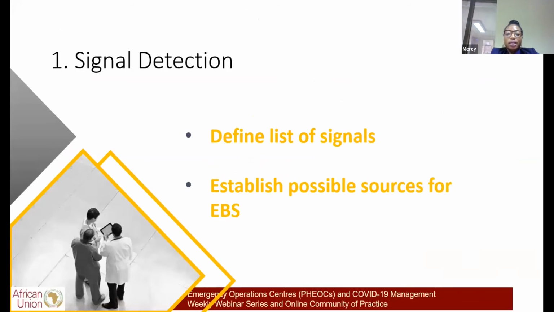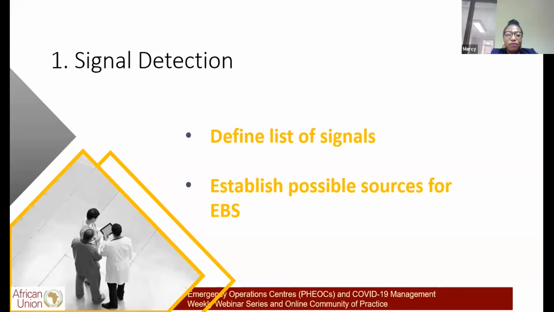So detection. Before any surveillance team starts to detect in EBS, it is very, very important to define the list of signals and establish possible sources for EBS.